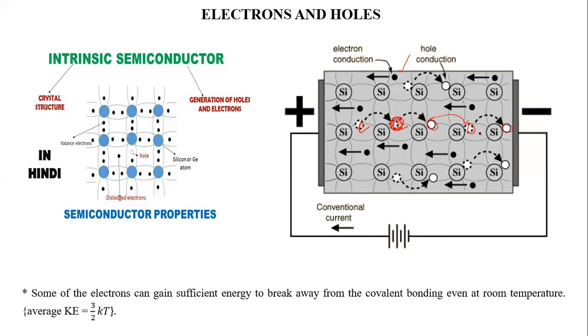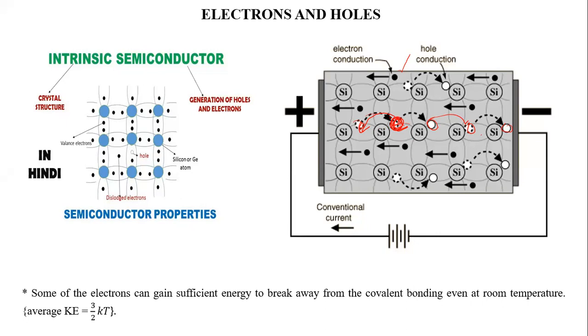Now, this involves the shifting of electrons which are tightly bound to these atoms in the covalent bonding. These electrons, which were earlier tightly bound here, under the action of the external field shift to this vacancy, and the vacancy shifts in the reverse direction.